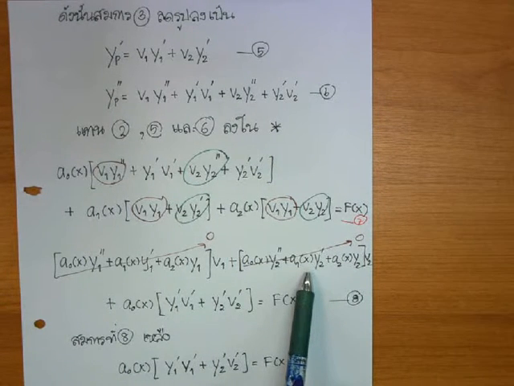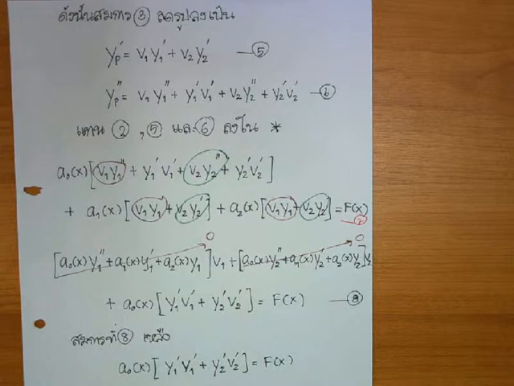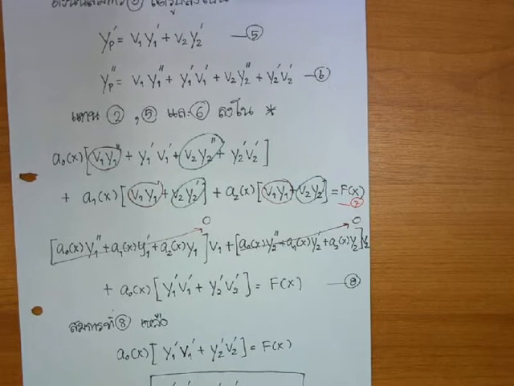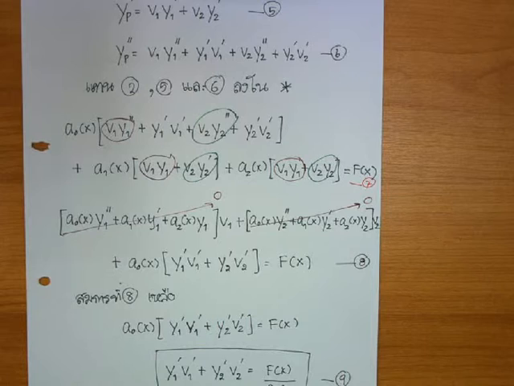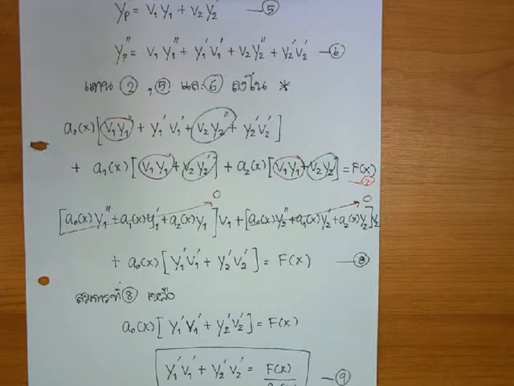Now, after you plug equations 2, 5, and 6 in there, you would end up with a very simple one, which is this equation. You have a0 there, you just move a0 to divide f(x). So you would get equation 9.